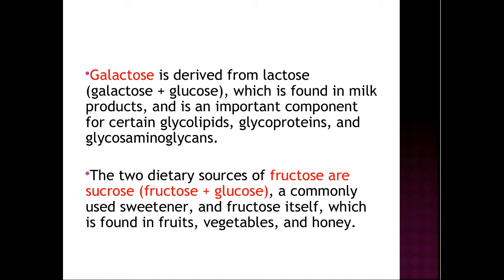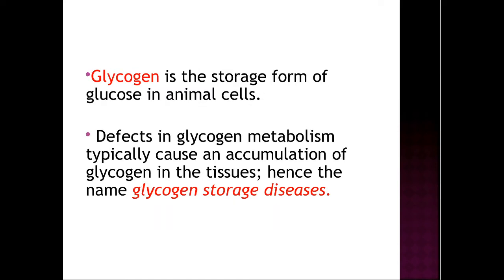It's galactose plus glucose, which is found in milk products and is an important component for certain glycolipids, glycoproteins and glycosaminoglycans. The two dietary sources of fructose are saccharose, fructose plus glucose, which is a commonly used sweetener, and fructose itself, which is found in fruits, vegetables and honey.